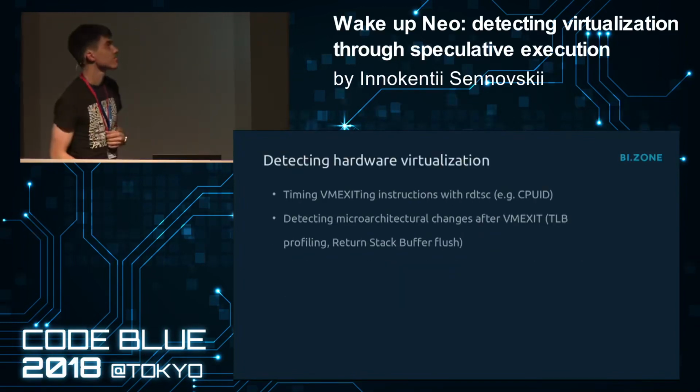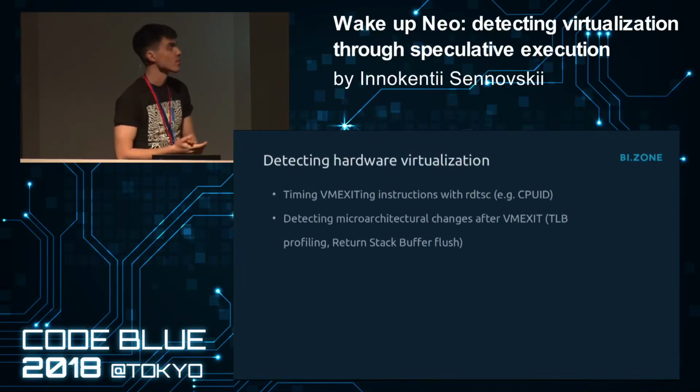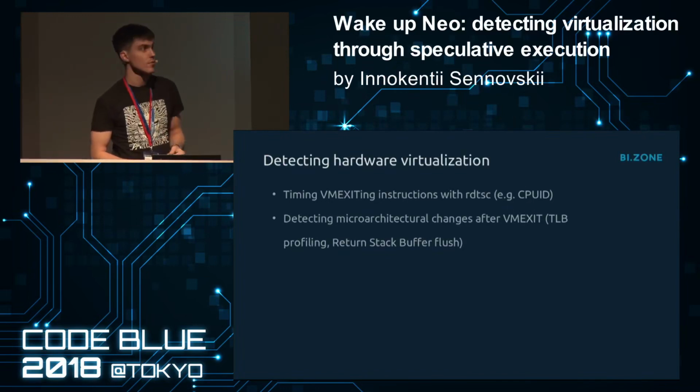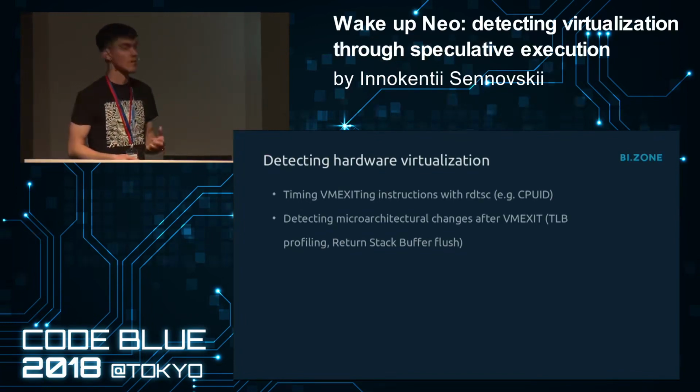So there were several ways to detect hardware virtualization. One of the most obvious ones is timing VM exiting instructions through the use of RDTSC. And for that particular problem, Intel came up with a solution. Basically, RDTSC became an instruction which also causes a VM exit.